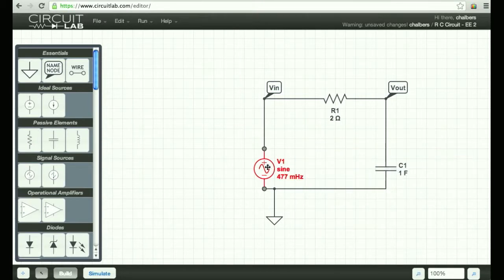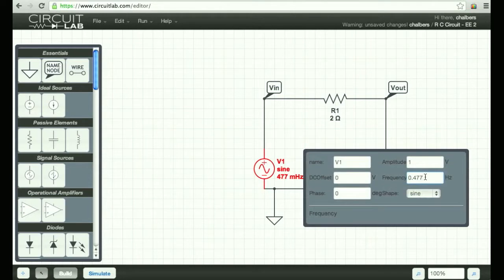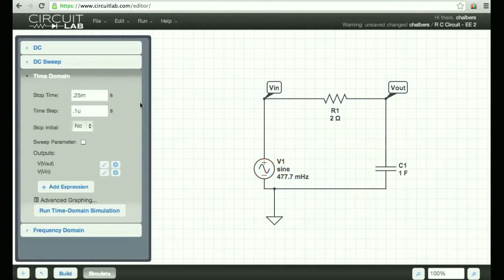So that's it. I should be able to simulate it. I'm going to run it for maybe 5 seconds, and I'm going to use a 1 millisecond time step. I'm sorry? Ah, thank you. That would have taken me many days to figure out.